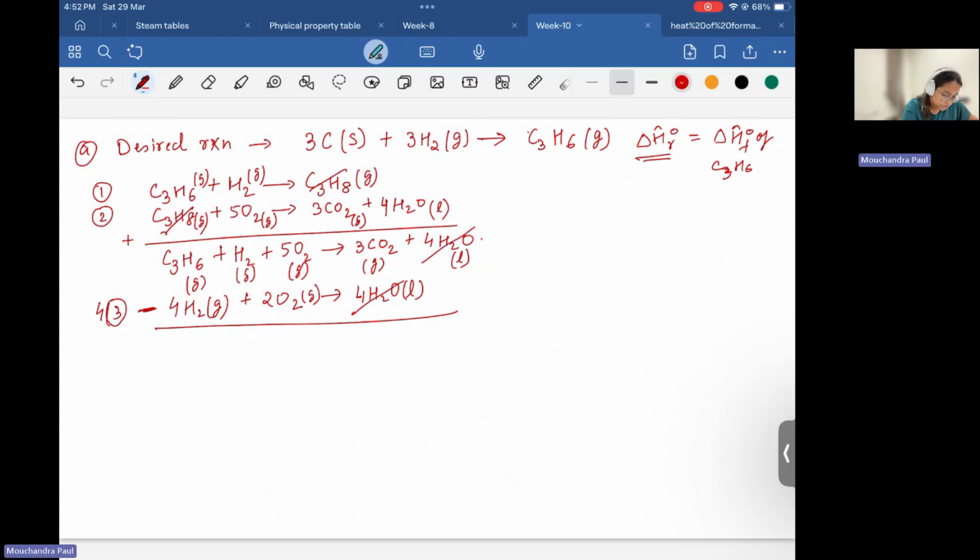So by this we will remove the water component altogether. What we are getting is minus 4H2, which means this will go to the product side, so 3H2 will be there, and 3O2 here and 3CO2.